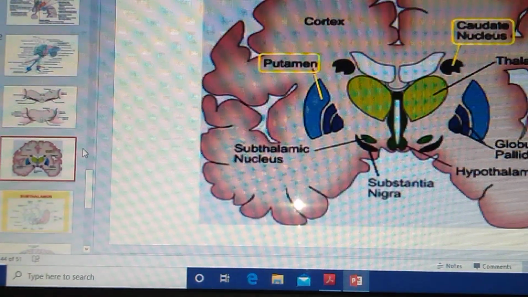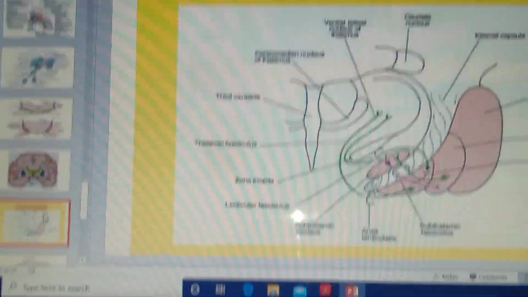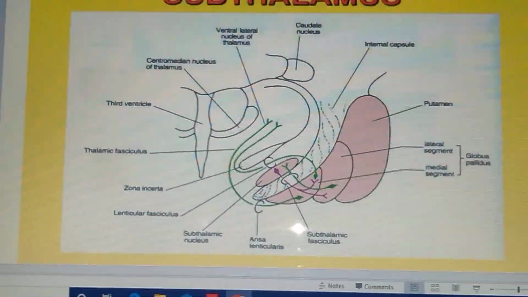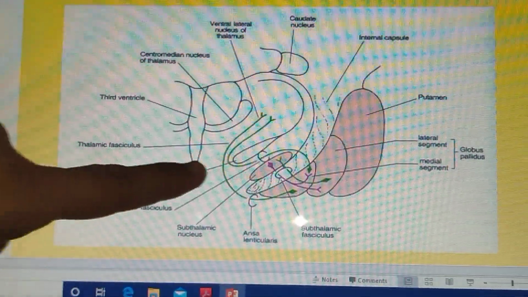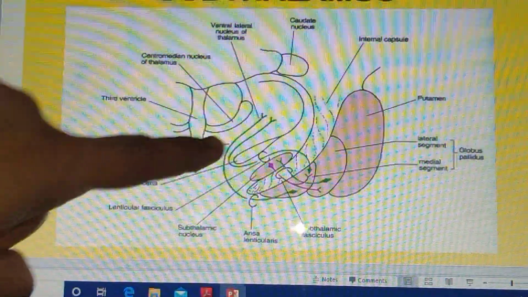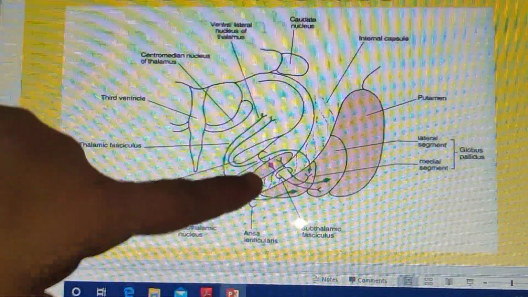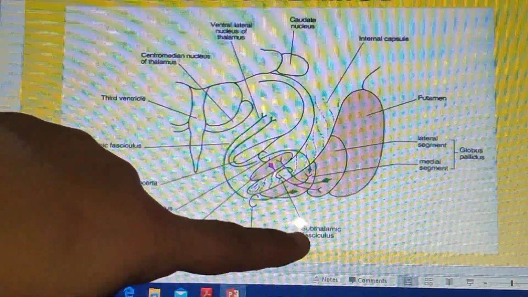We can see some more diagrams. In this you can see this is zona incerta that they have shown here, right? This is the thalamic fasciculus. Ansa lenticularis, here is the subthalamic nuclei, and this is the subthalamic fasciculus.